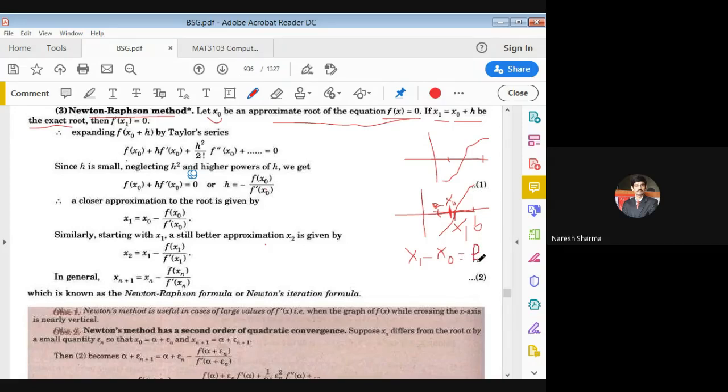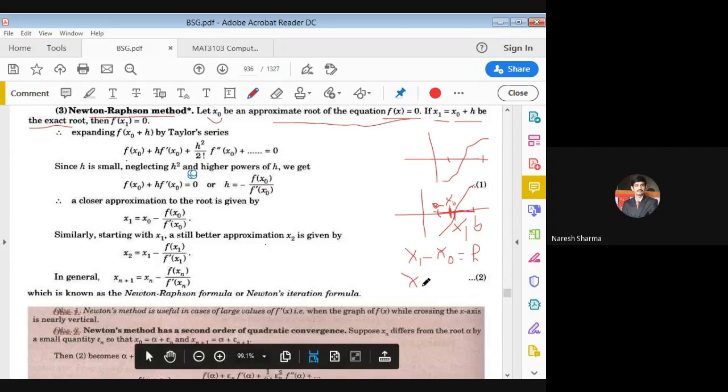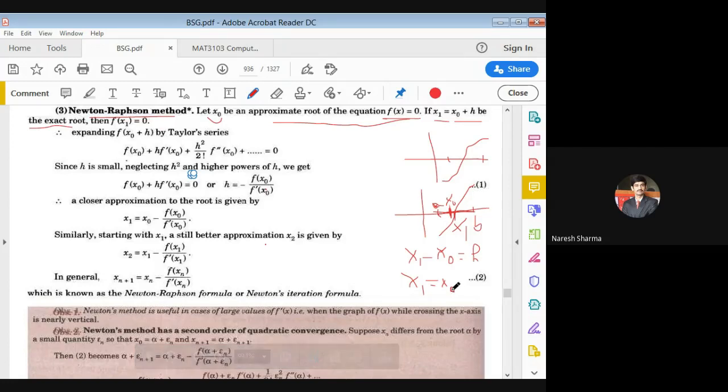So from this we may assume that x1 is x0 plus h. In the starting we assume that x0 is the approximate root of the equation. Let x1 be the next approximation or exact root, x0 plus h. Then we know that if it is the exact root, the value of the function at x1 is 0.